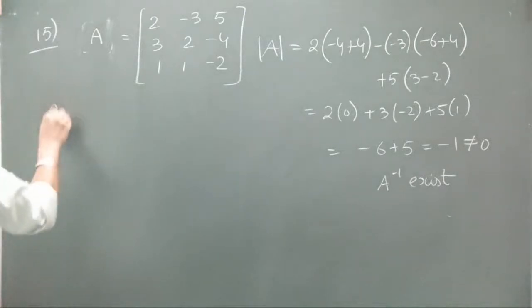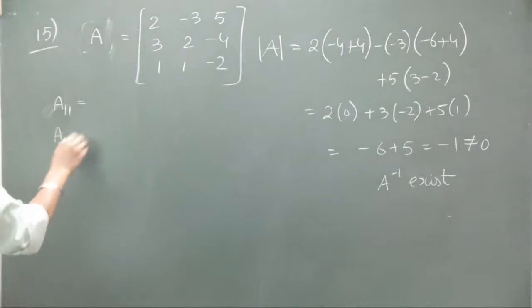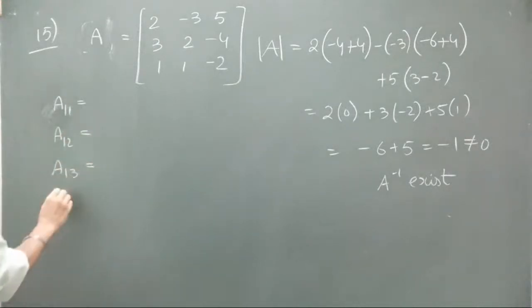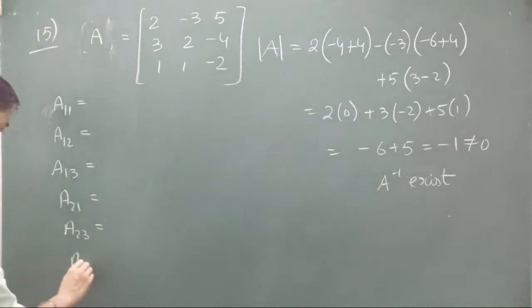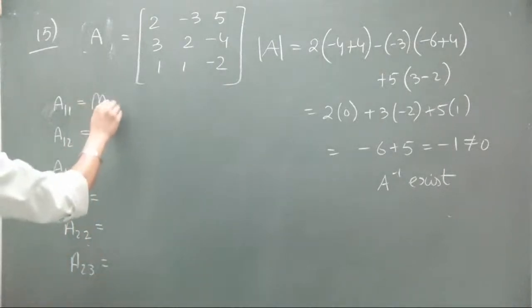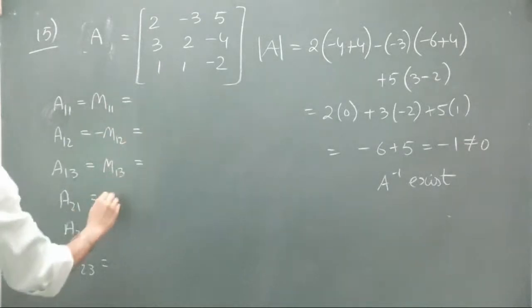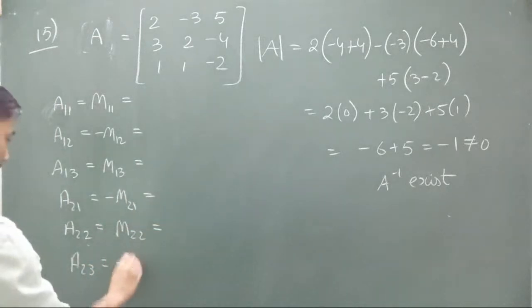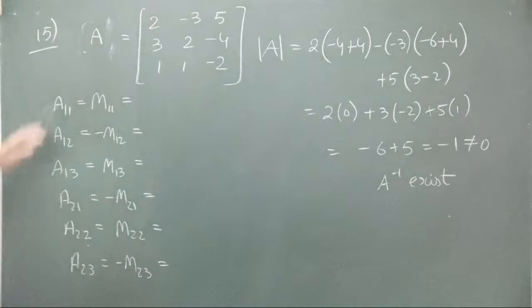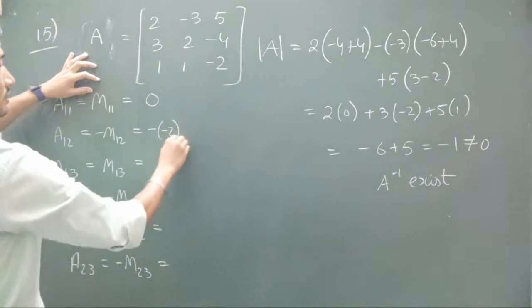So time to get the cofactors for A inverse. A11, A12, A13, A21, A22, A23: M11, minus M12, M13, minus M21, M22, minus M23. Let's calculate. This is 0 minus of minus 2, that's plus 2.